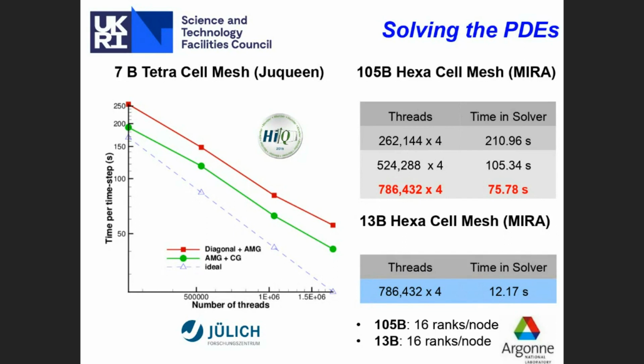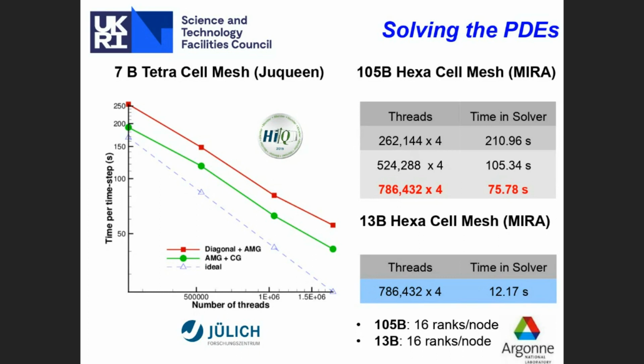Now, if you look at the largest mesh with 105 billion cells, you also get a very good speed up in the solver, the time spent in the solver. If you go from the first line, 260,000 multiplied by 4, to 524,000 multiplied by 4, you get a speed up of 2, and from the first column to the third one, you get a speed up of about 2.90, so almost 3, which is to be expected.